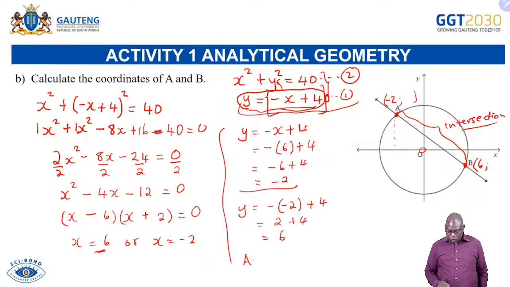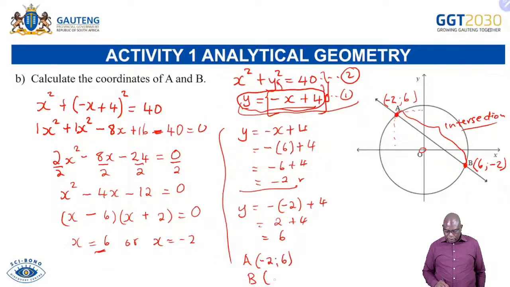So the coordinates of A, if I substitute by minus 2, I got a 6. I think I'll be right because 6 will be somewhere there. Then if I substitute by 6, I'm going to get a negative 2. So my A coordinates will be negative 2 and 6. My B coordinates will be 6 and negative 2.